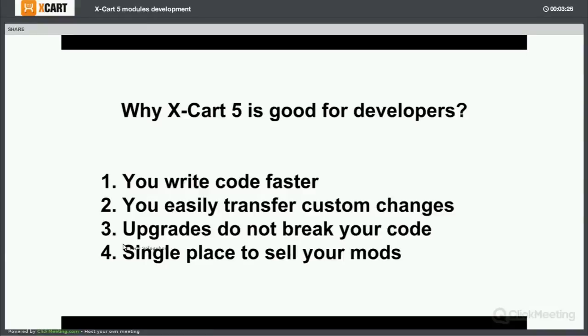In that sense, XCart 5 is OOP-based software, so you can write less code, and it means that you can write your code faster. The second problem is if you write your mod for one client, then it's quite hard to transfer this mod to another one. You need to deal with patches, some complex solutions in order to just transfer the mod.